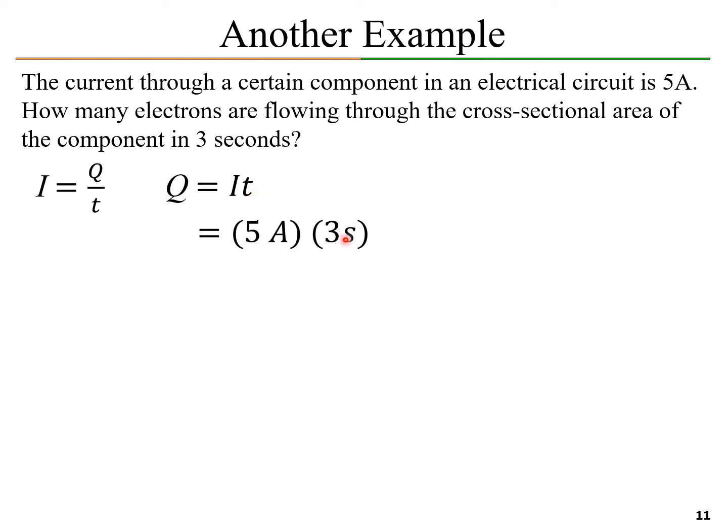The amount of time is 3 seconds. Because the basic units for current are amps and the basic units for time are seconds, we're going to end up with the basic units for charge, which is coulombs. So 5 times 3 is 15, and the units are coulombs.